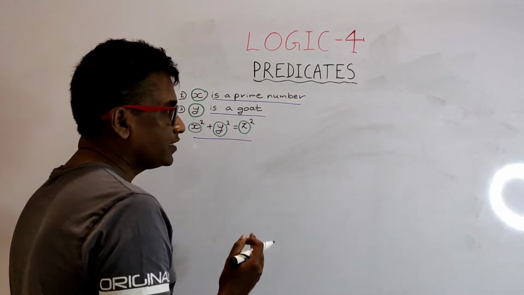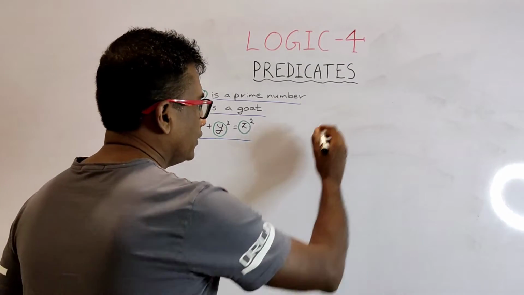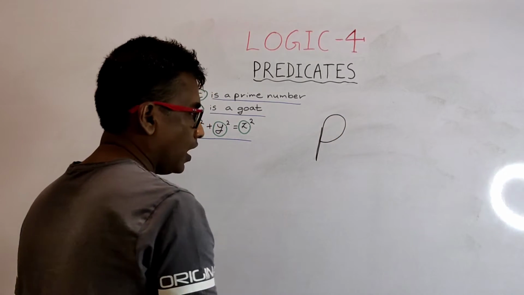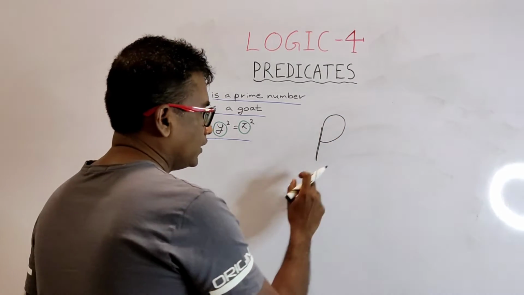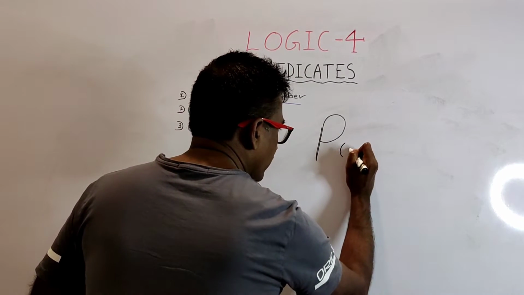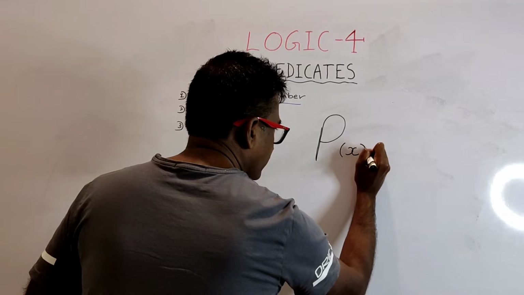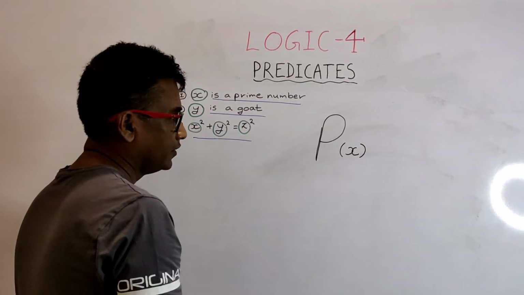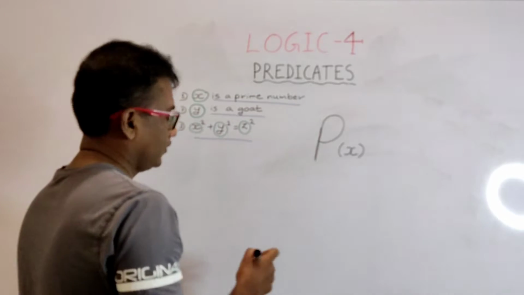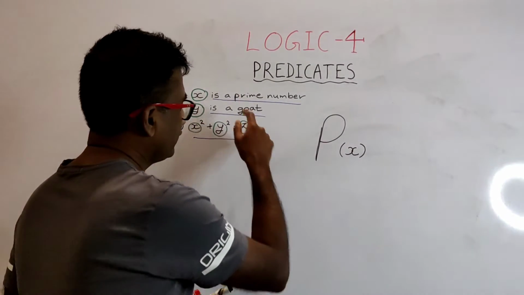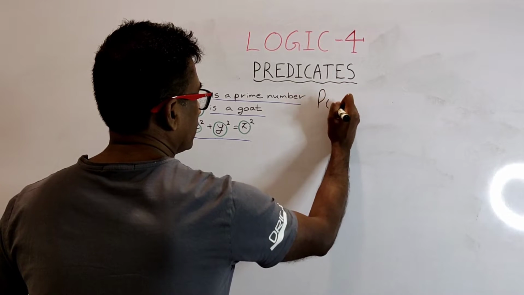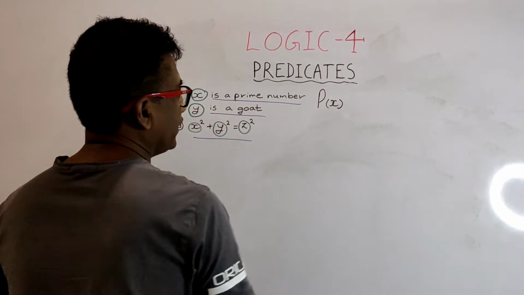Traditionally, to depict a predicate, we use an uppercase letter such as P, Q or R that represents the property, together with a lowercase letter such as x, y, z that represents the variable. So, in the first case, we can depict this statement as P of x.